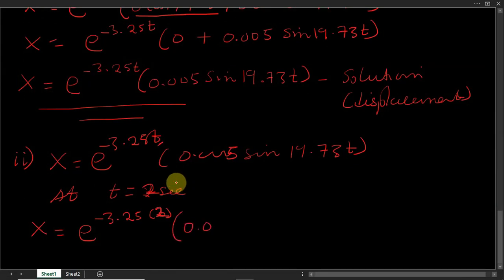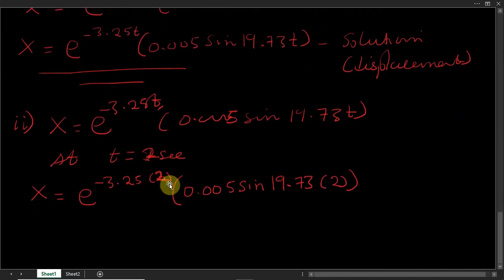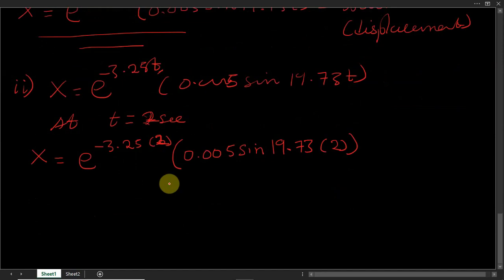This becomes 0.005 sine 19.73 times 2 seconds. Alright. When you use a calculator, you end up getting x.